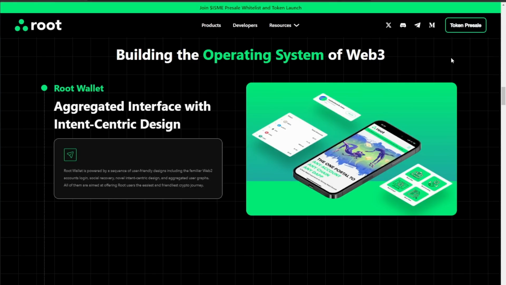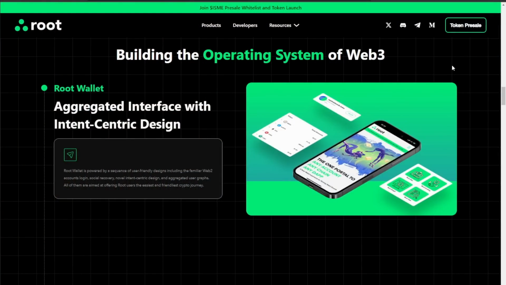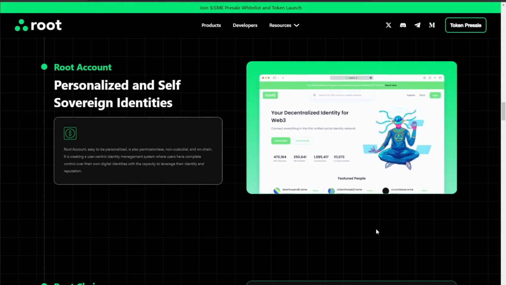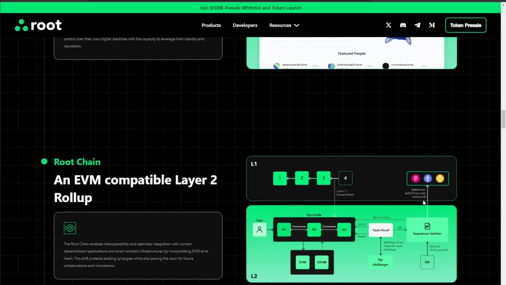Now, as I mentioned earlier, there are a lot of different things that Root's bringing. They're not only bringing their own wallet, which will allow you again to streamline managing all your activities across these networks, but it's also going to allow you to visualize and manage your assets, and have your own digital identity, as we mentioned earlier through ISME, but also the ability to do cross-chain transactions. I think this is a very big component here.